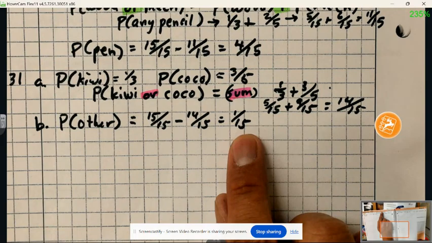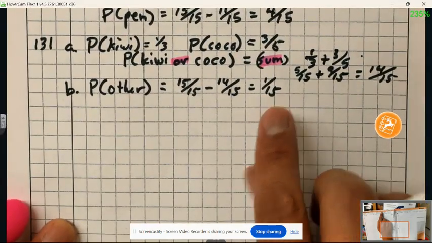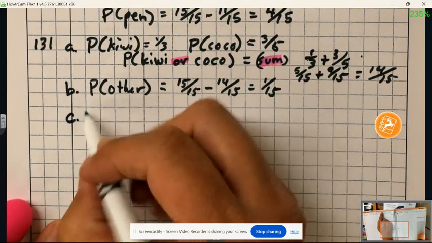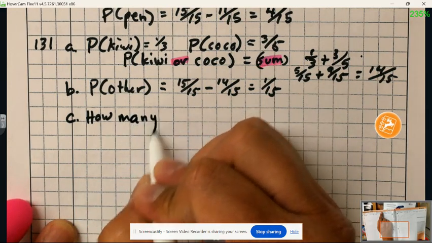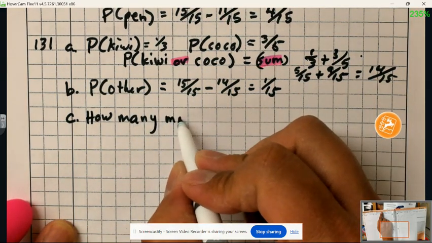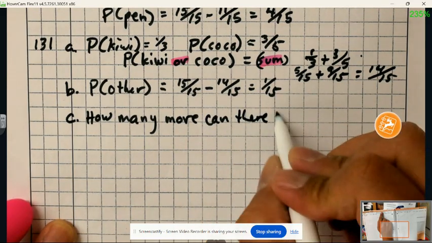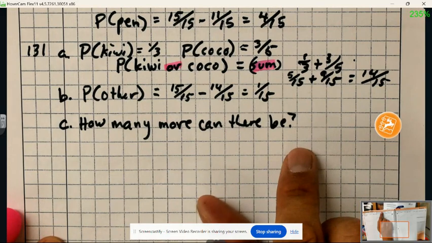Now, the question that follows is, is there only one more candy flavor? So, how many more flavors are there? Or can there be? Can there be only one more flavor?